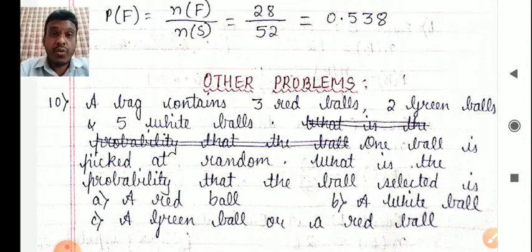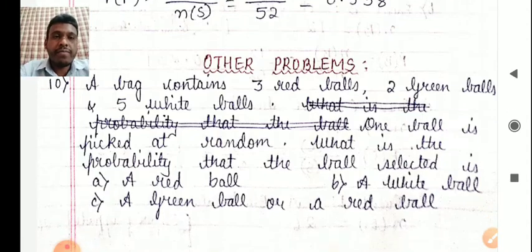We do not need much calculation. But when the number of balls being selected at a time increases, it becomes a little complicated. We will take those problems also later, but for the time being it is a simple problem where only one ball is picked.